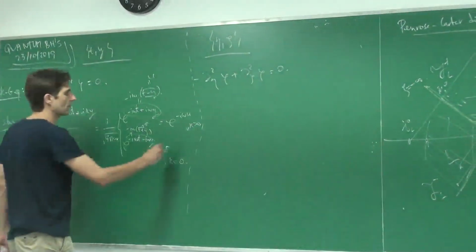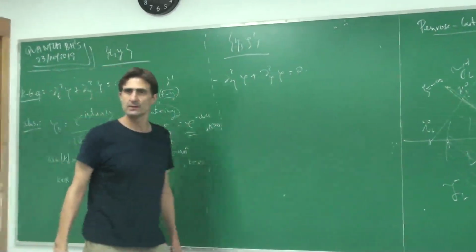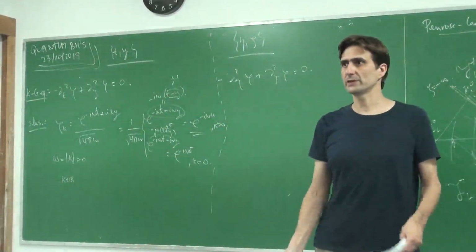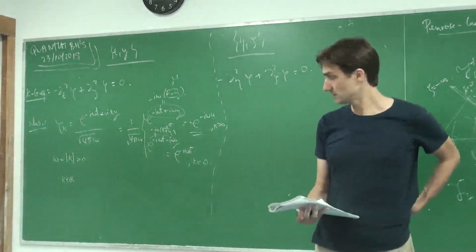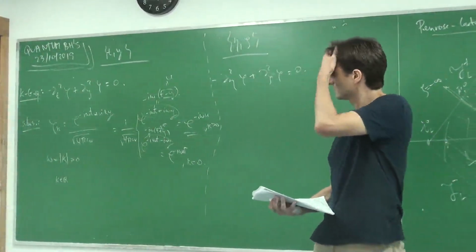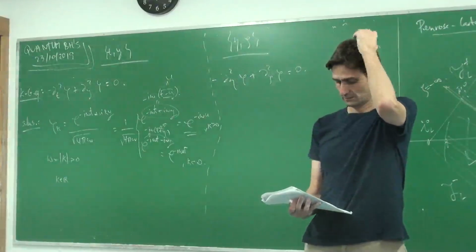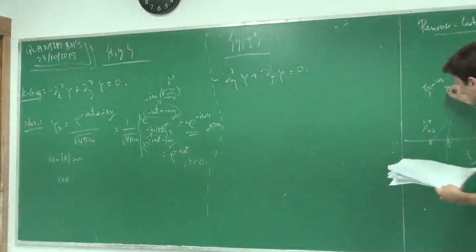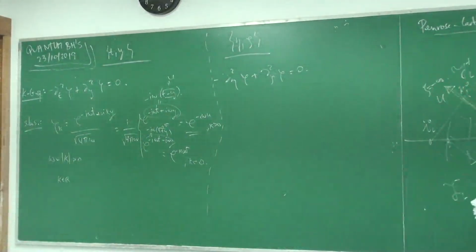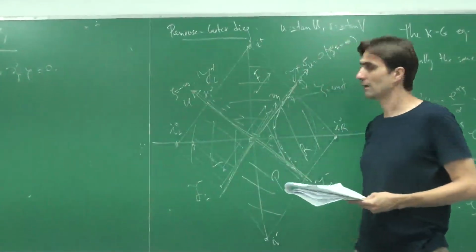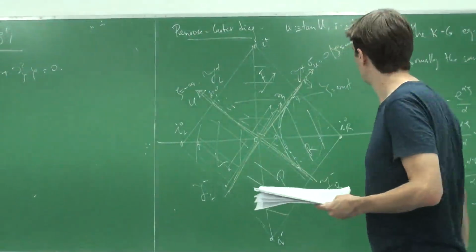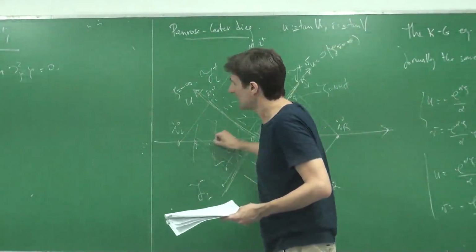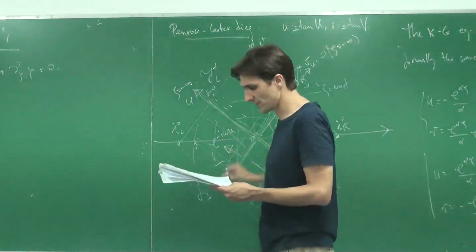So in which direction is this wave propagating in flat space-time? Orthogonal to u. Sorry? Moves orthogonal to u. So you're saying that exponential of minus i omega u goes in this direction?